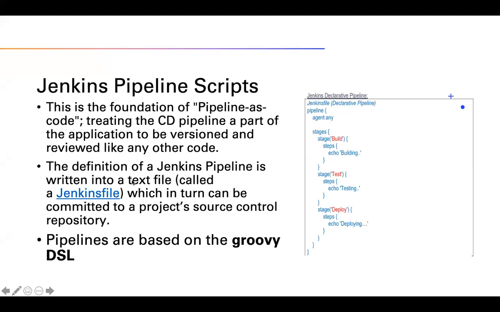So this is what we're going to be talking about mostly today, the Jenkins pipeline script. This is fundamentally pipeline as code, treating the CI/CD pipeline as part of the application, to be versioned and reviewed. This is how a Jenkins pipeline could look.